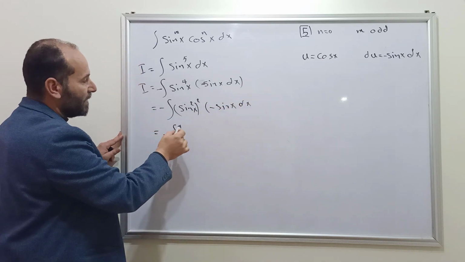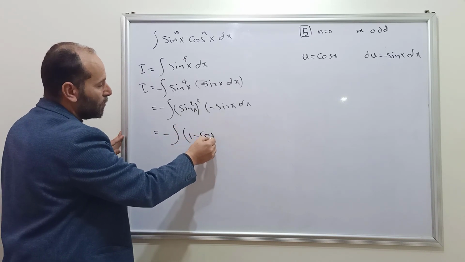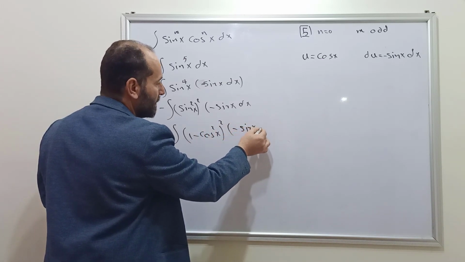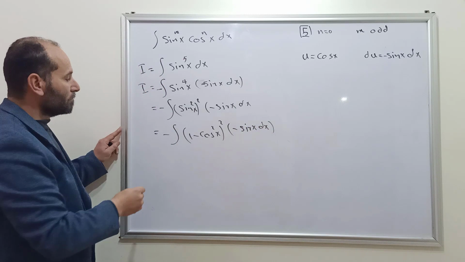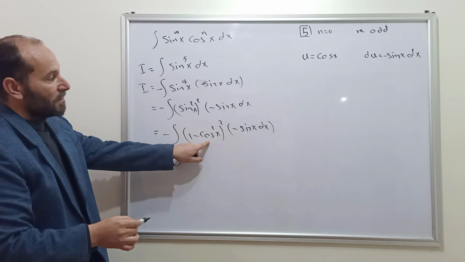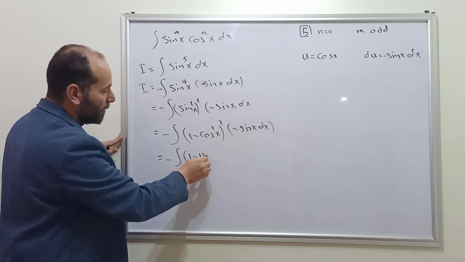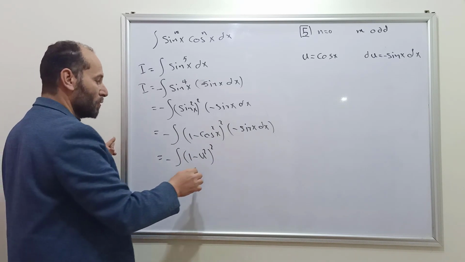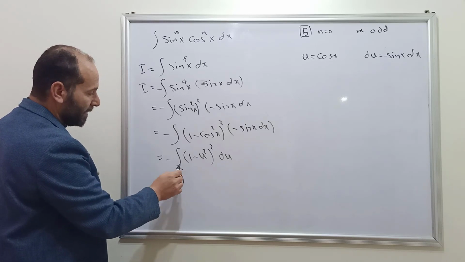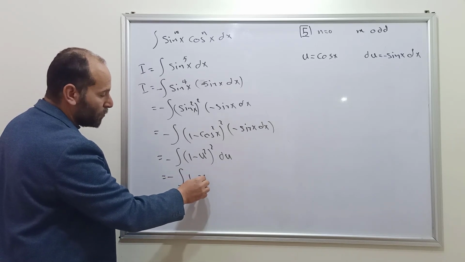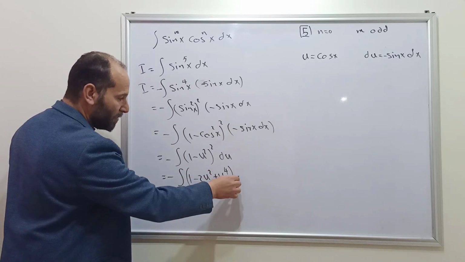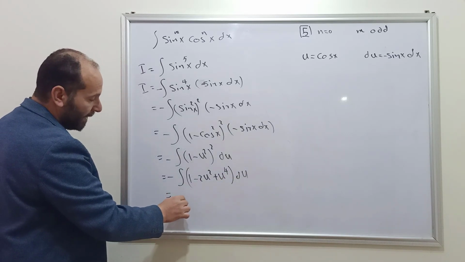This equals negative the integration of 1 minus cosine squared x whole squared times negative sine x dx. This equals negative the integration, where we substitute u instead of cosine, 1 minus u squared all power 2 du, equals negative the integration of 1 squared minus 2u squared plus u power 4 du.